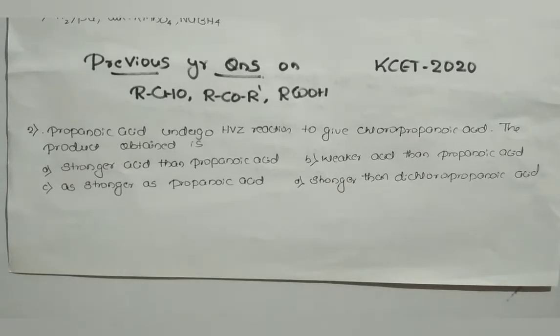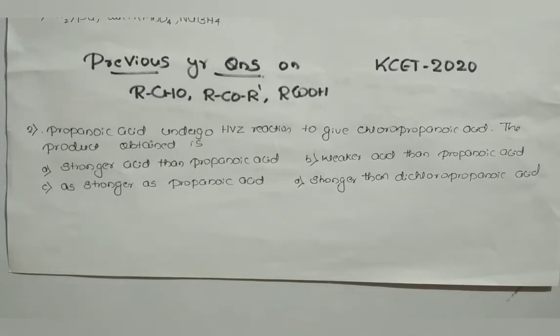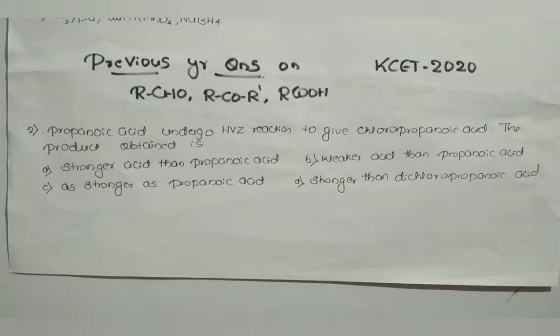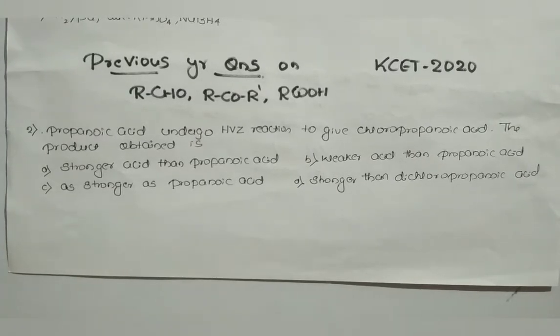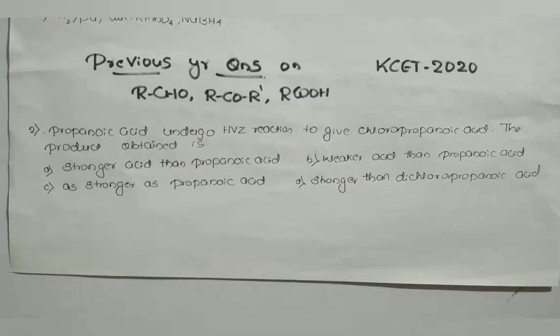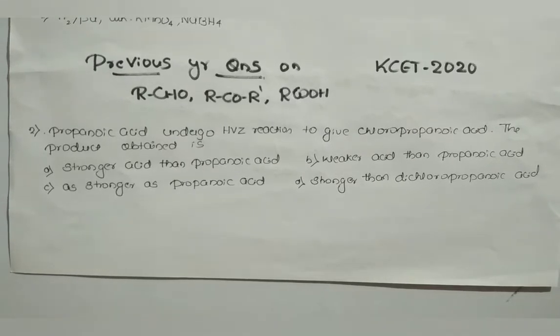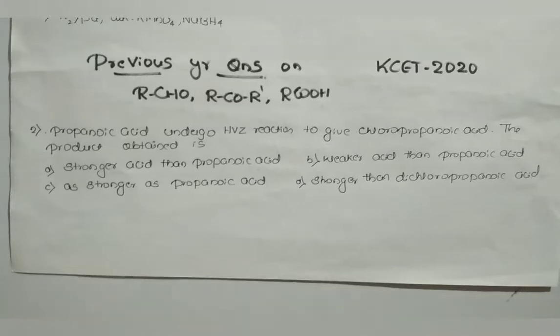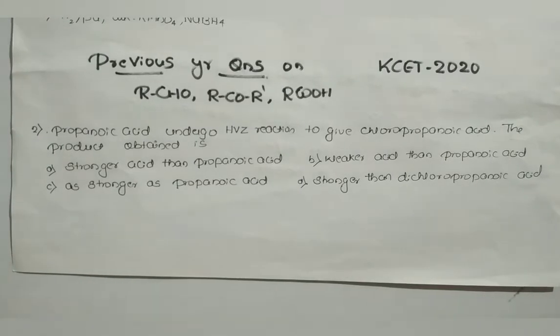And here, like you could see the question: propanoic acid undergoes HVZ reaction to give chloropropanoic acid. The product obtained is stronger acid than propanoic acid, weaker acid than propanoic acid, as strong as propanoic acid, or stronger than dichloropropanoic acid. So dear students, I have already discussed this in the mind map of carboxylic acid. I hope you remember that one.